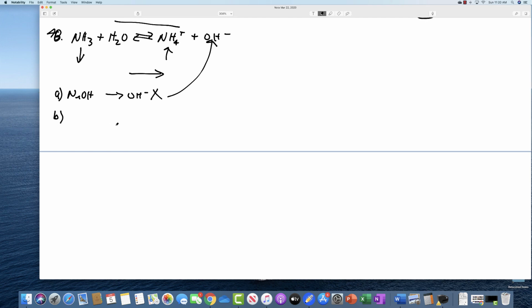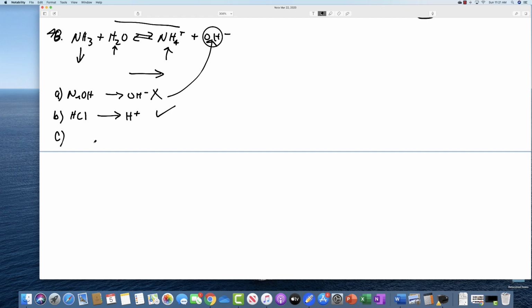Number B, if you add HCl, what are you adding? You're adding hydrogen ions. Well, what happens is this hydrogen ion will react with this OH to form water. So it increases the amount of water. If you increase the amount of water, it drives the reaction to the right. So this is a yes.